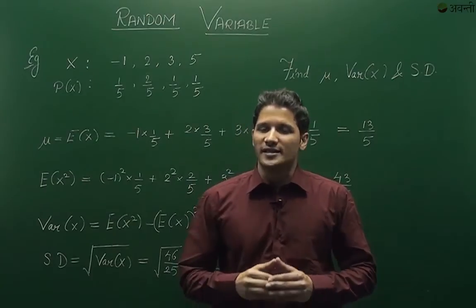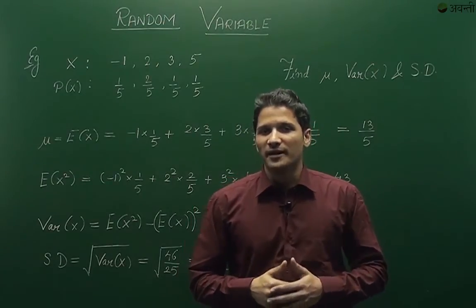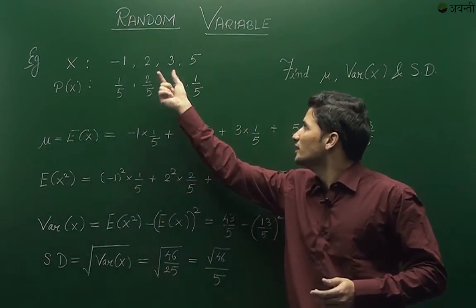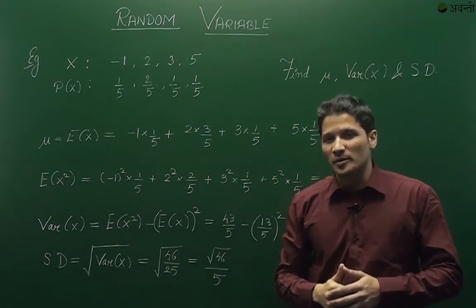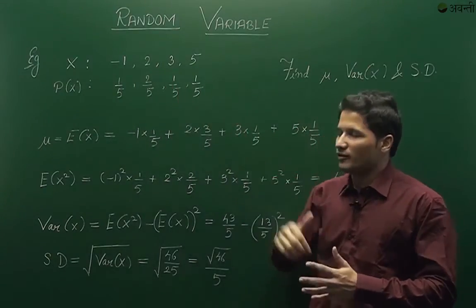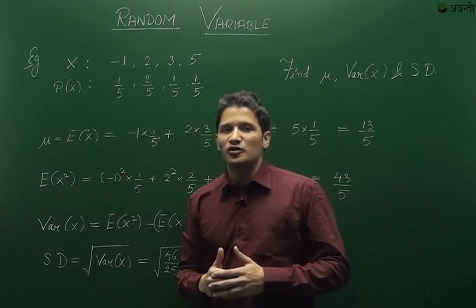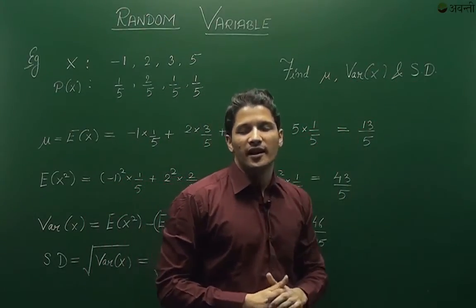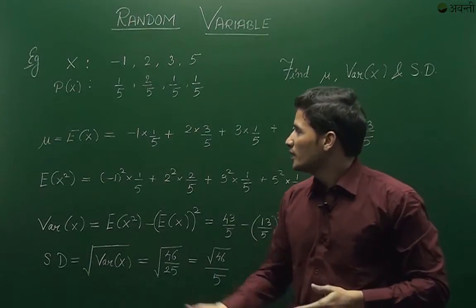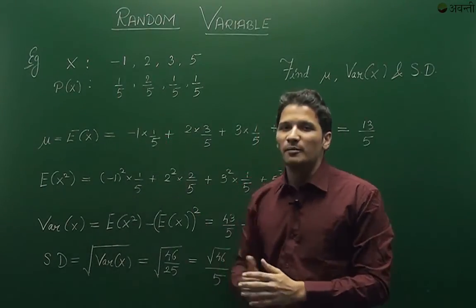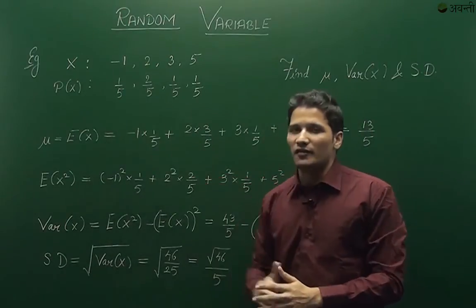Let us now solve an example, and in this example we have a random variable x whose values are -1, 2, 3 and 5, and its corresponding probabilities are 1/5, 2/5, 1/5 and 1/5. Now we have to find the values of mu, variance of x and standard deviation, and we know that mu is equals to sigma xi into p of xi, and xi here is -1 and p of xi is 1/5.